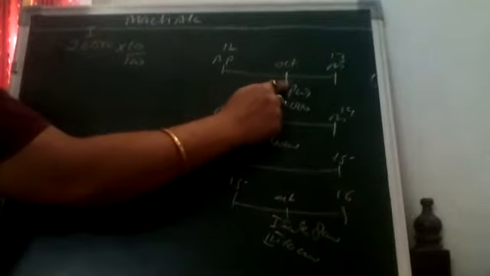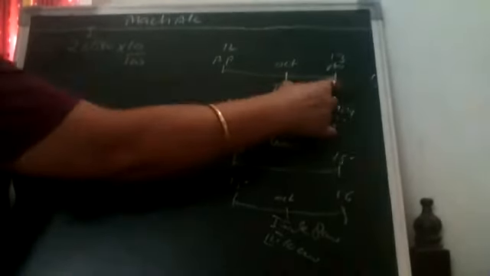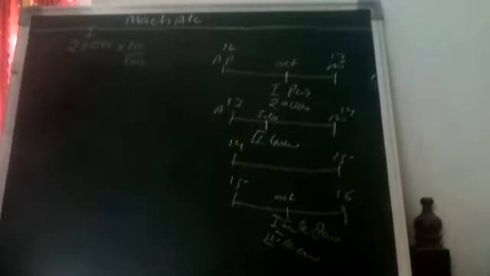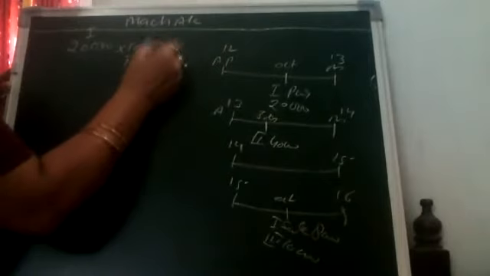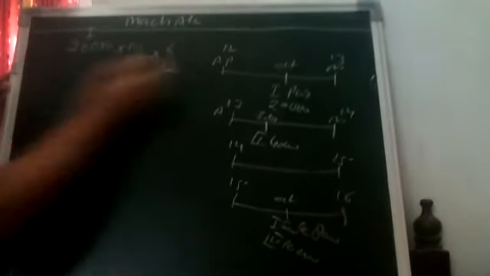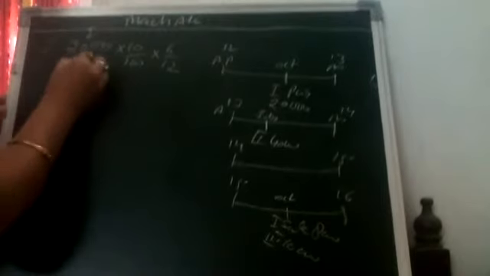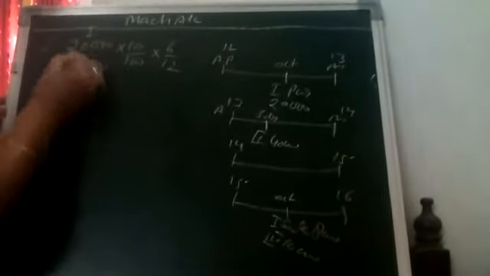Machinery was purchased on October, and October to March it was used. It was used for 6 months. So here only we will do the calculation regarding depreciation time period also. 6 months we use this machinery. So 6 months depreciation is 1,000.